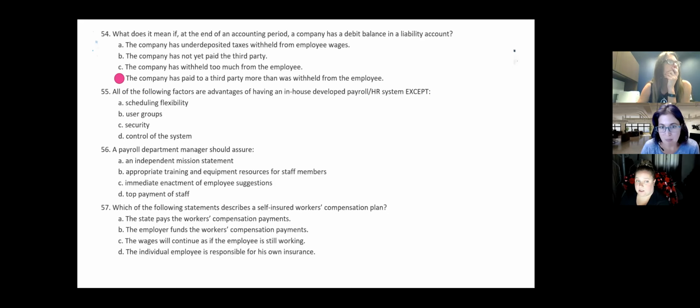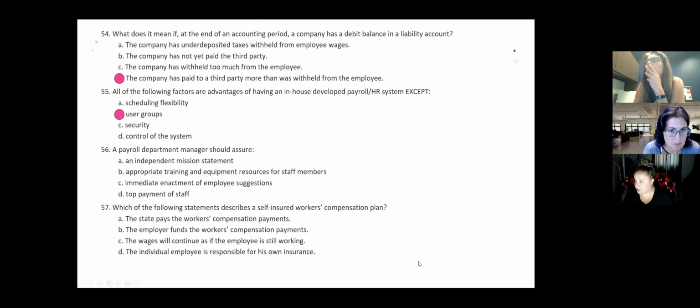All of the following factors are advantages of having an in-house developed payroll/HR system, except... You guys are awesome.